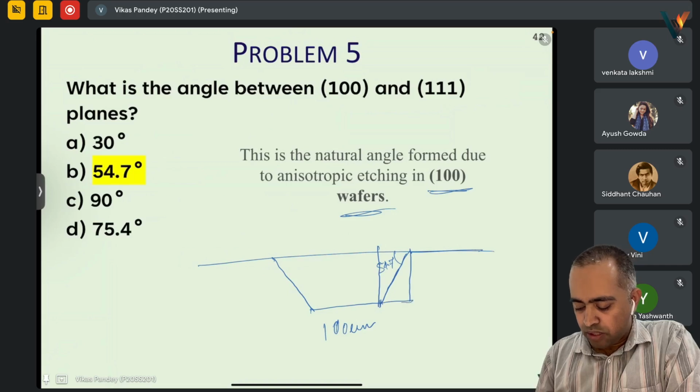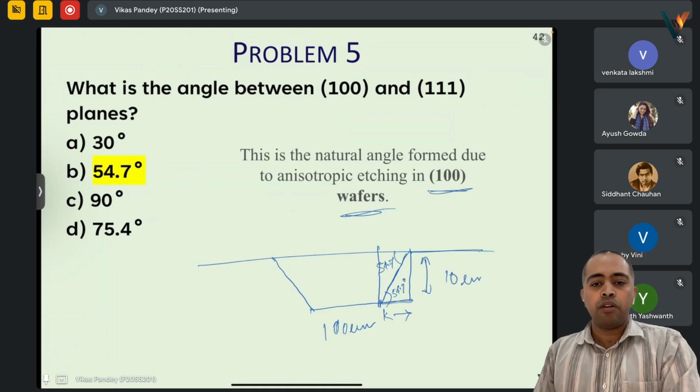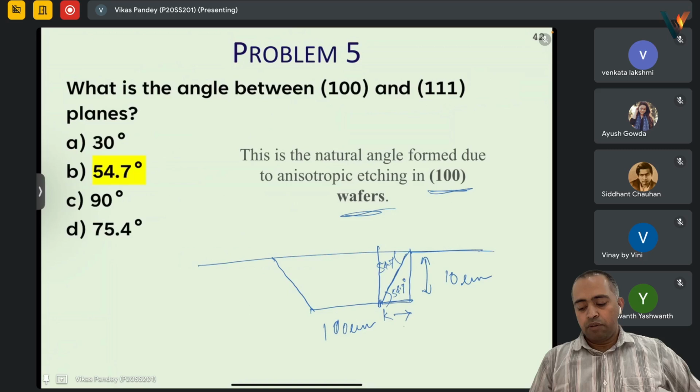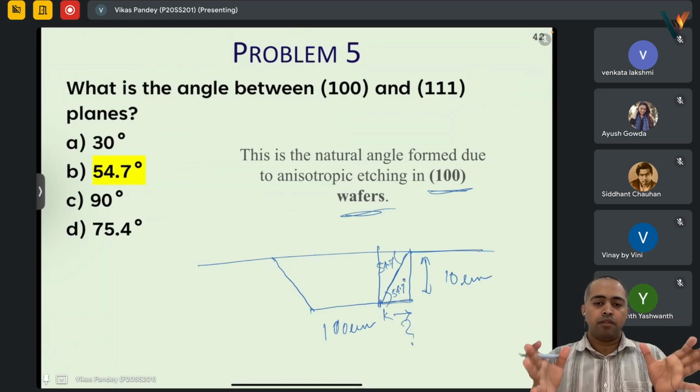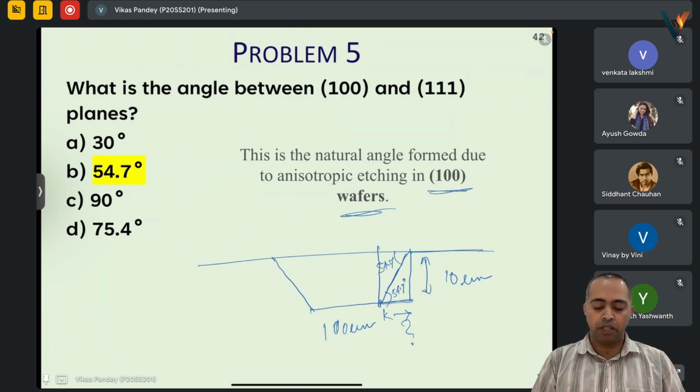If we see this triangle, again this will be 54.7 degrees. So what extra width will be required? Say this is at 10 micrometer depth. What will be the extra value of the opening we have to keep?